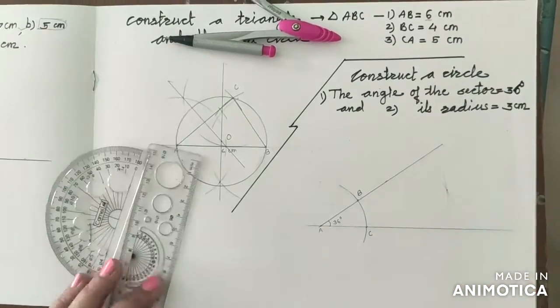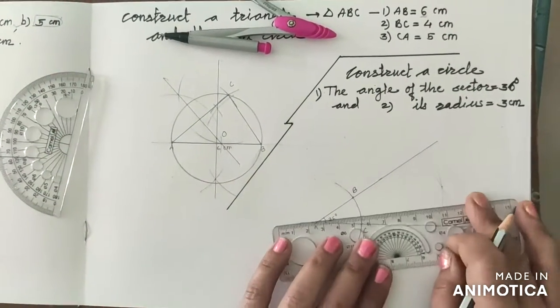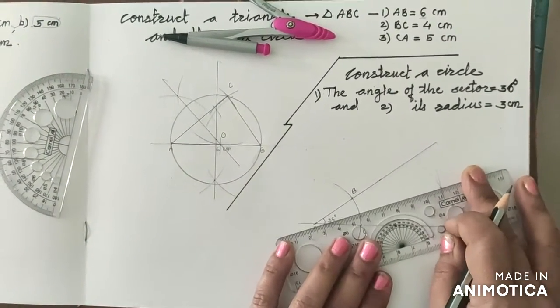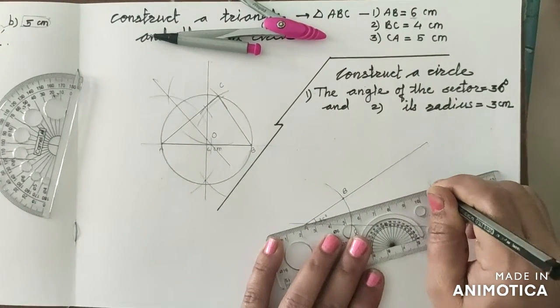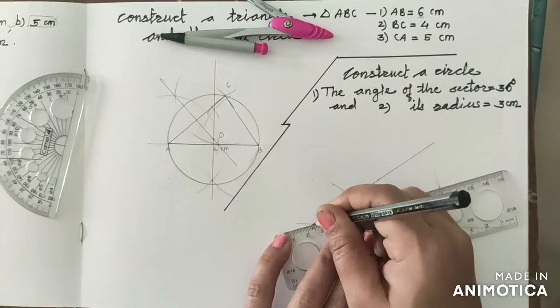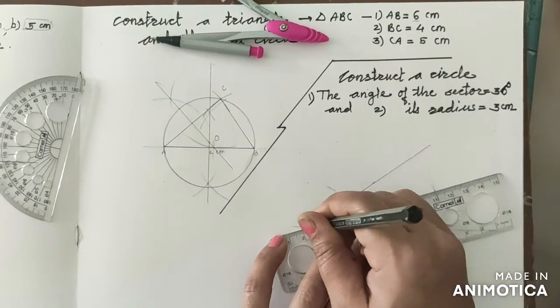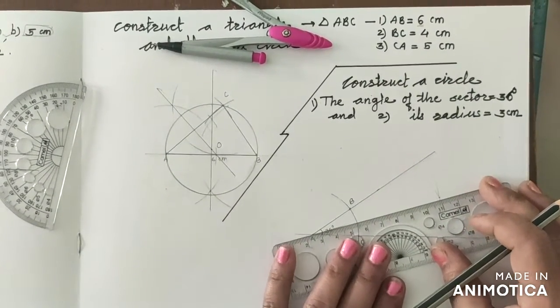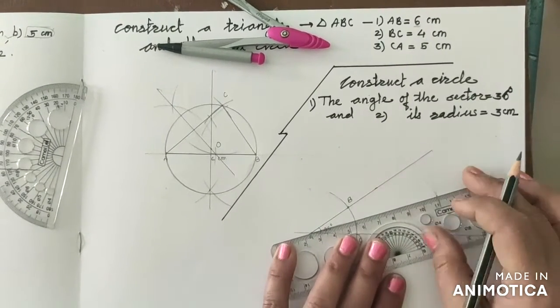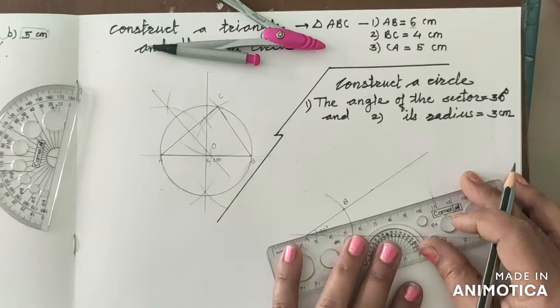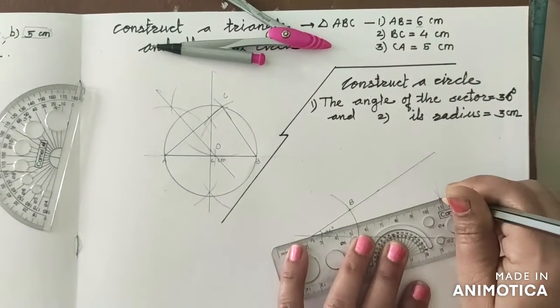We get one point, and after joining that point and A, hold the scale firmly.